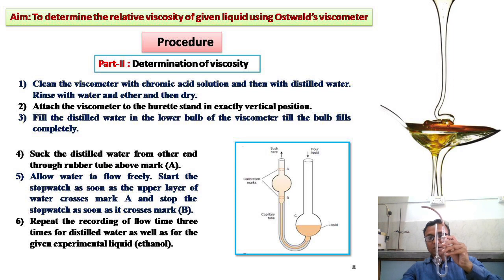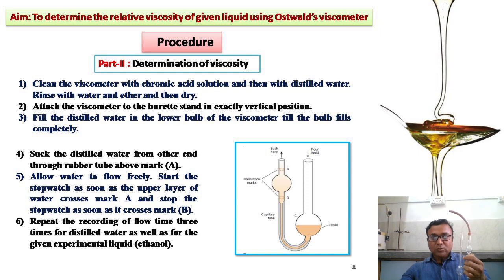There is one knob on the stopwatch, you just press it, and the stopwatch starts in order to note down the time of flow. When the lower meniscus reaches here, start the stopwatch and allow the water to flow freely up to mark B. When the lower meniscus comes to mark B, stop the stopwatch.